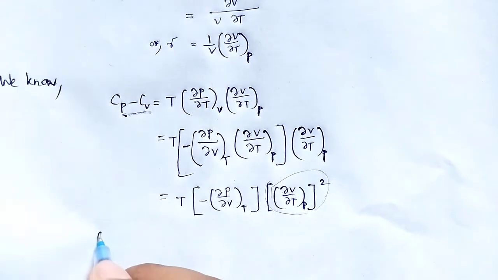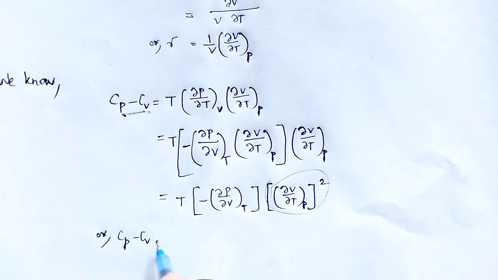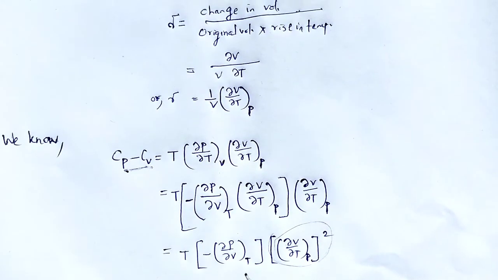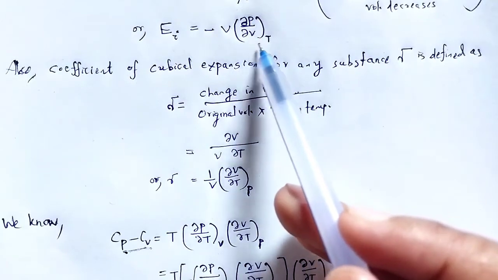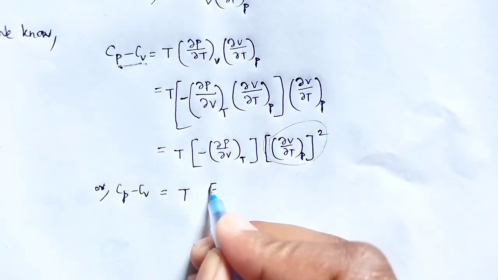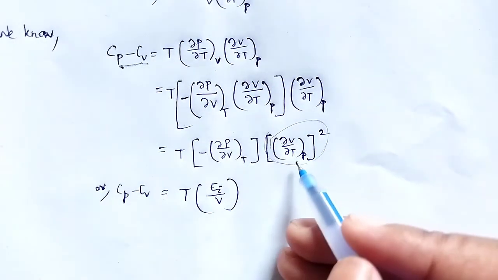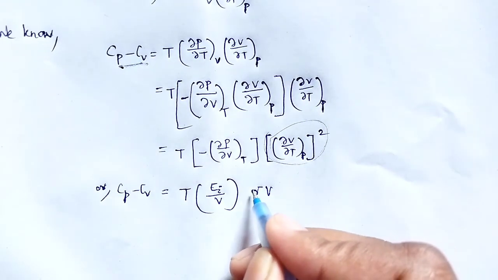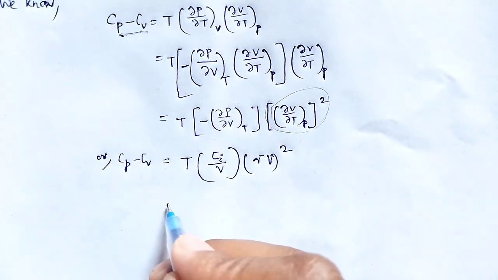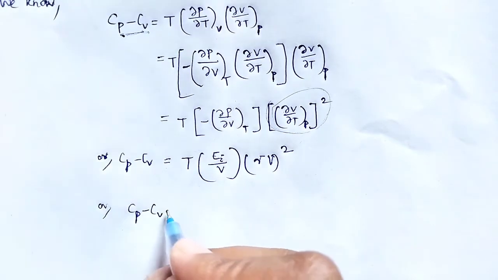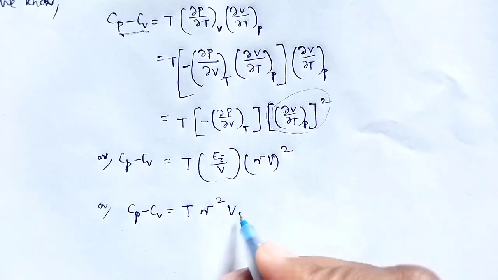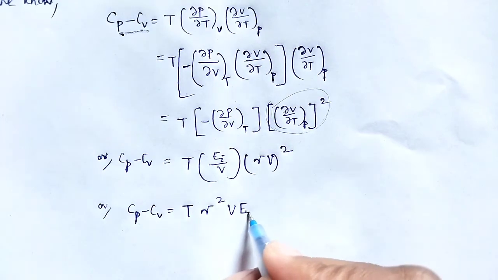So we can write here Cp minus Cv is equal to T, in place of minus del P by del V at constant temperature, E_I divided by V. Next its square, that is gamma V square, or Cp minus Cv is equal to T gamma square V E_I, one V cancels out, so one V exists.